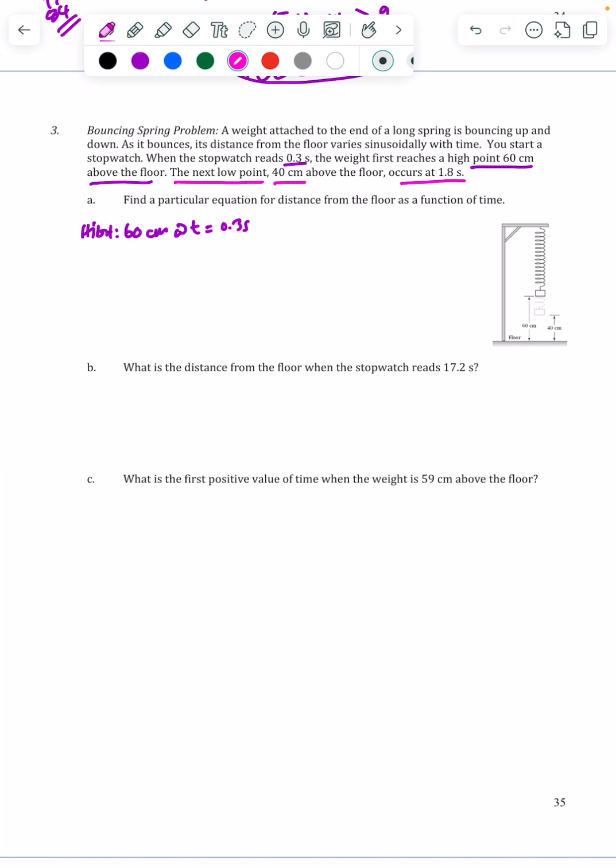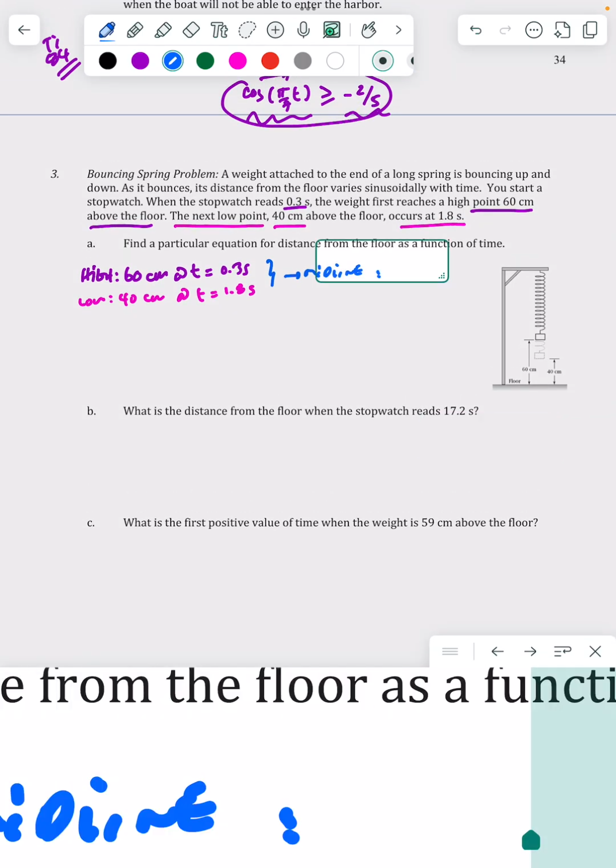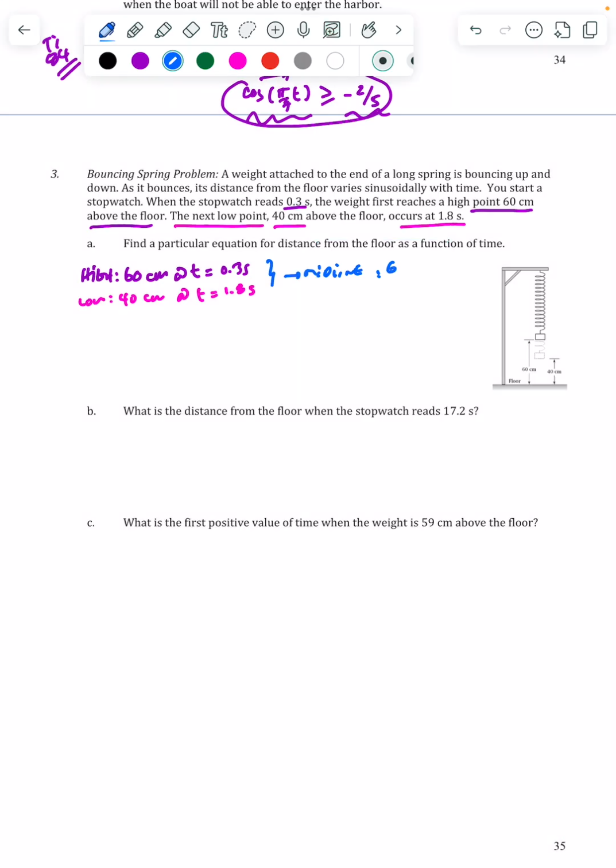Then we have low, which is 40 centimeters, and that's at t equals 1.8. So if we go between here and here, the midline is at 60 plus 40 over 2, which is 50.